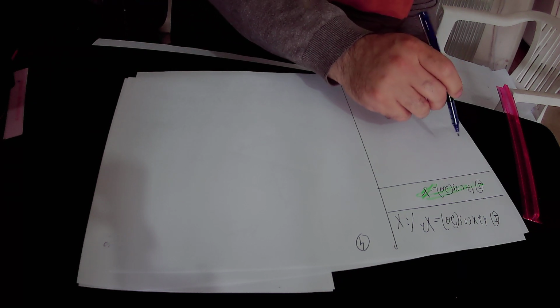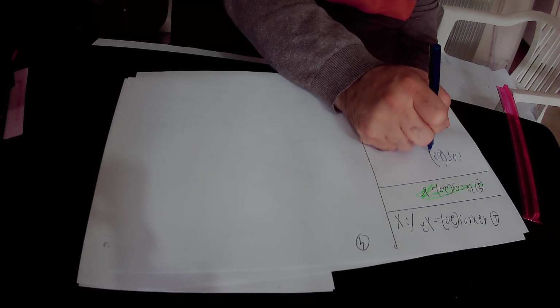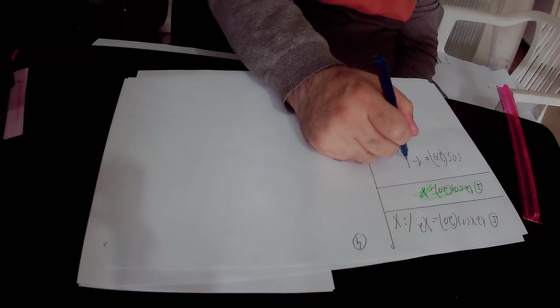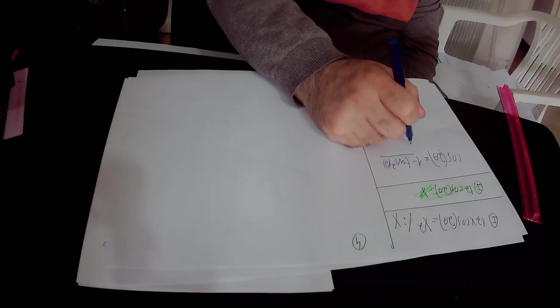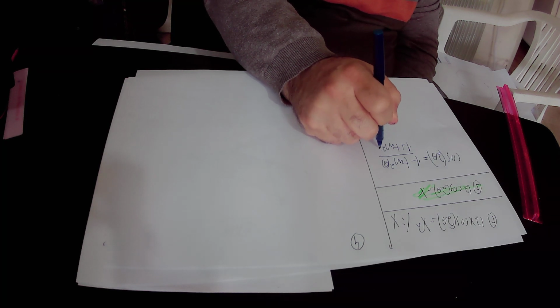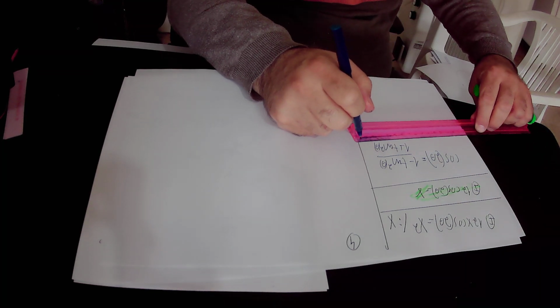Cosine 2 theta equals 1 minus tangent squared theta over 1 plus tangent squared theta.